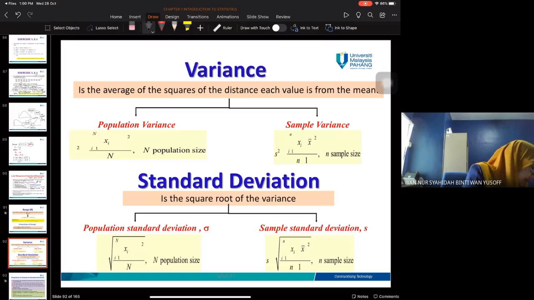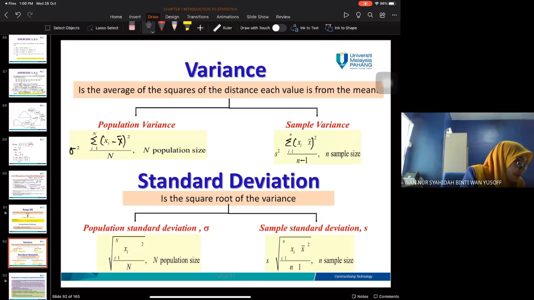So here should be sigma squared, summation of S. That's why in your calculator we have two different values for the population and sample variance, because we have different formulas here. The difference is at the denominator.